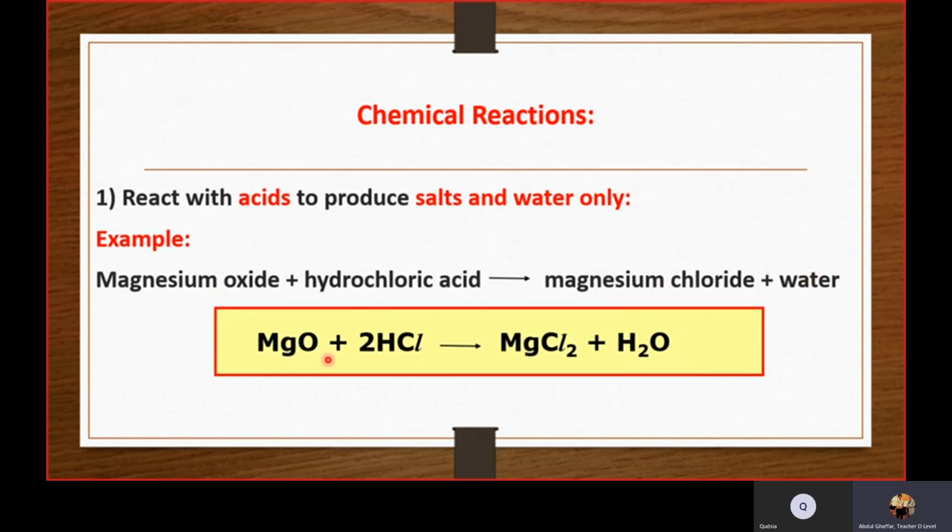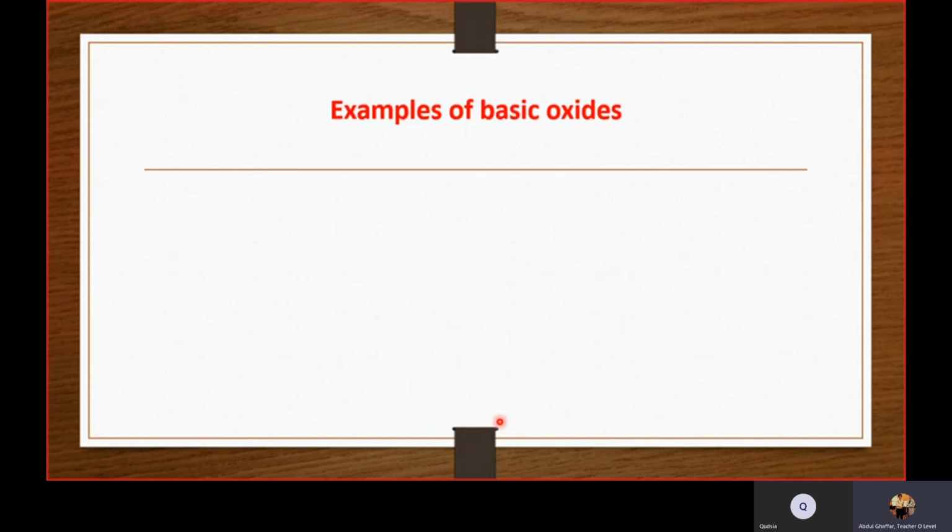This is the chemical equation: magnesium oxide, hydrochloric acid, magnesium chloride and water. This is a neutralization reaction. When an acid reacts with a base to produce salt and water, it is called a neutralization reaction.